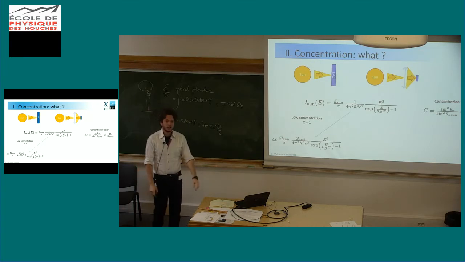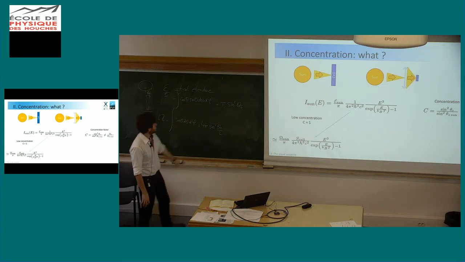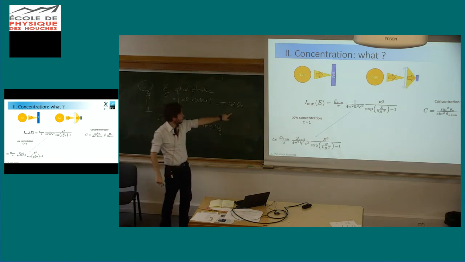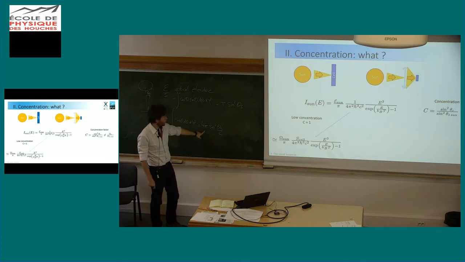But if you work at high concentration, if you think that theta here is so big that the sun looks almost like all the sky, theta would go to pi over 2, this one would go to pi, while this one here would go to 2 pi. Yeah, half a sphere is 2 pi solid angle. This is not breaking news.